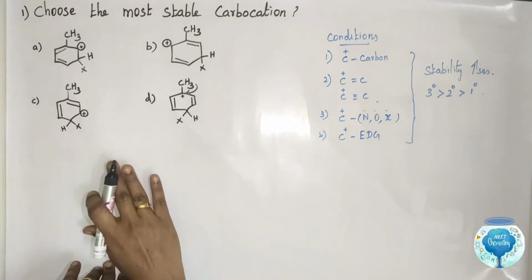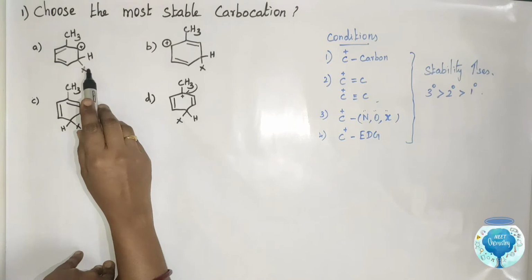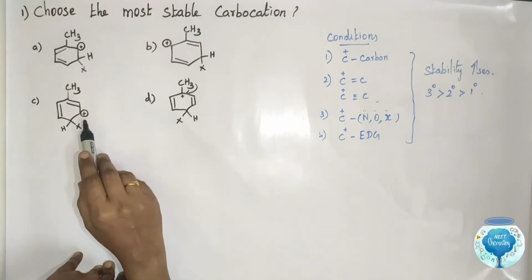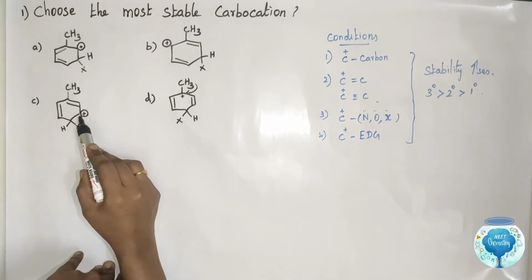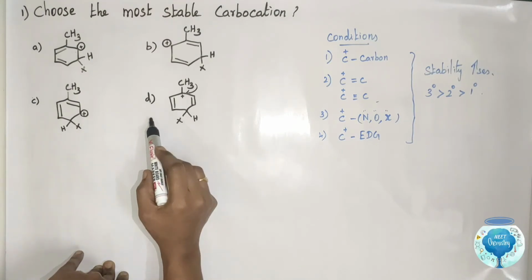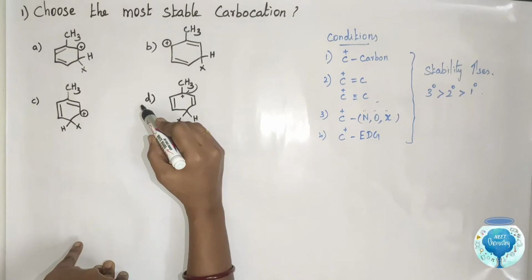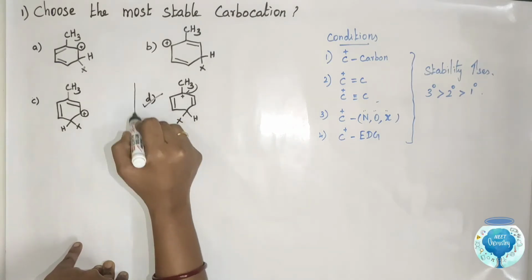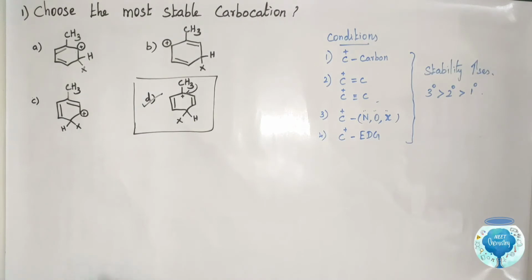Compare these four options. Options A, B, C are not attached with the electron donating group, but in option D, the carbocation is attached with the electron donating group. So option D is more stable compared with the other three options.